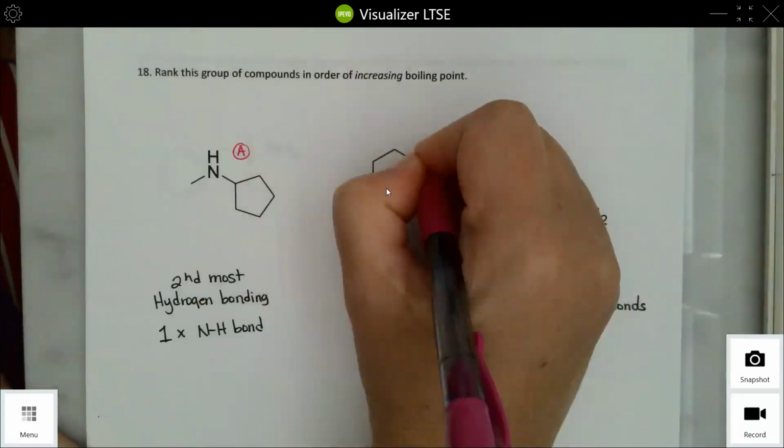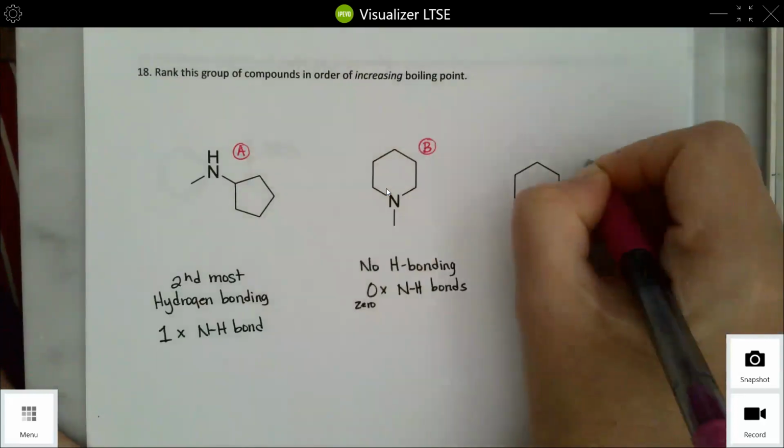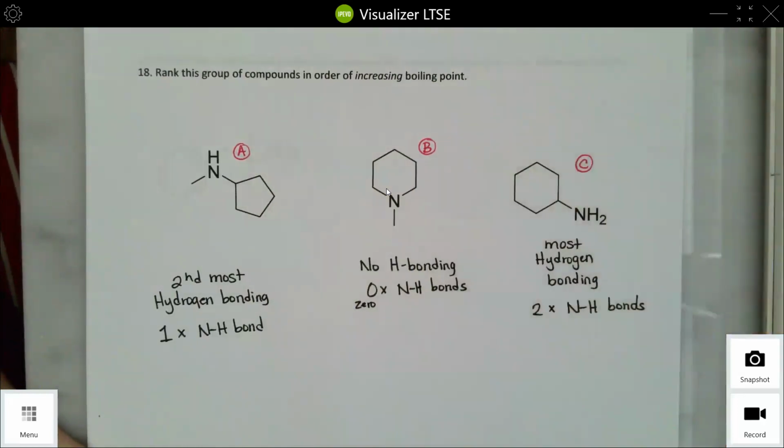So A, B, C, by the way, they all have dipole-dipole and London dispersion. So the difference is really in the presence of hydrogen bonds and how many hydrogen bonds in this case.